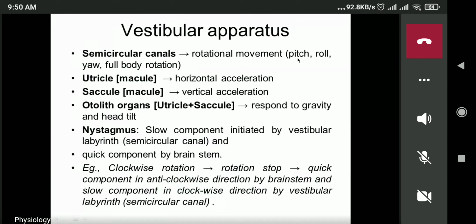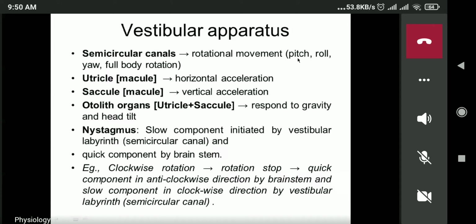Then if we put our head to one shoulder and then to the other shoulder, that is called roll. If we say no by nodding our head, that is called yaw.